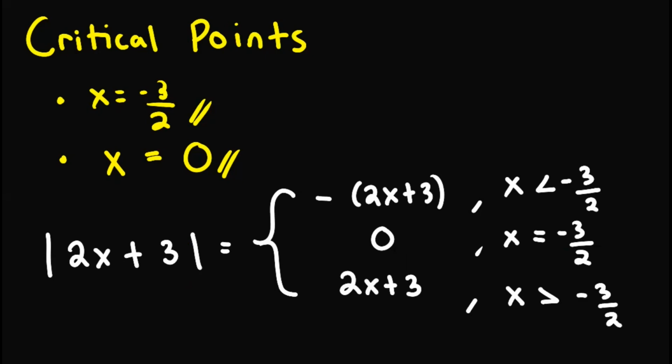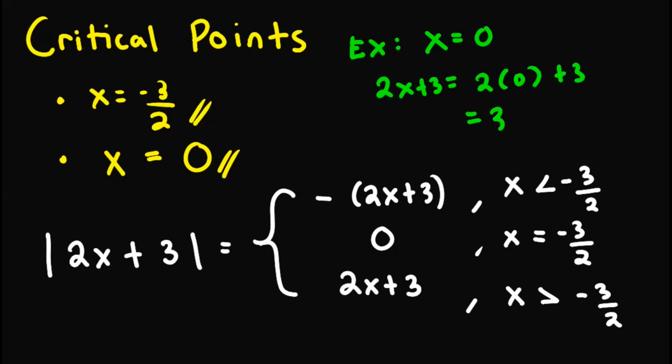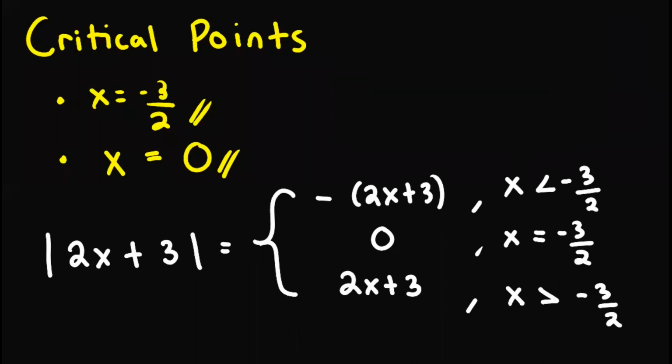So as an example again, if we take a value that is greater than negative 3 over 2, we can take x equals 0, and then note that at x equals 0, 2x plus 3 is equal to 2 times 0 plus 3, or simply 3, which is positive. So this is already the absolute value. So that is how critical points work.